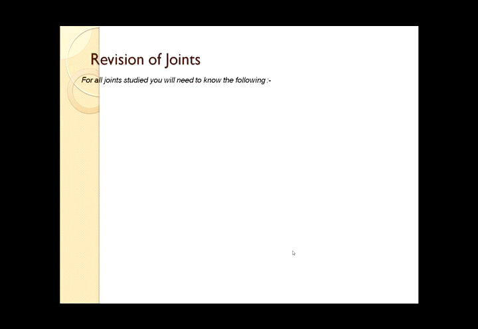When revising joints, you will need to know all of the following in detail. You will need to know what classification the joint is, the primary and secondary classification. You will need to be able to describe the articular surfaces in detail, their shapes, how congruent they are, and what they are covered in, whether it's hyaline cartilage or fibrocartilage.